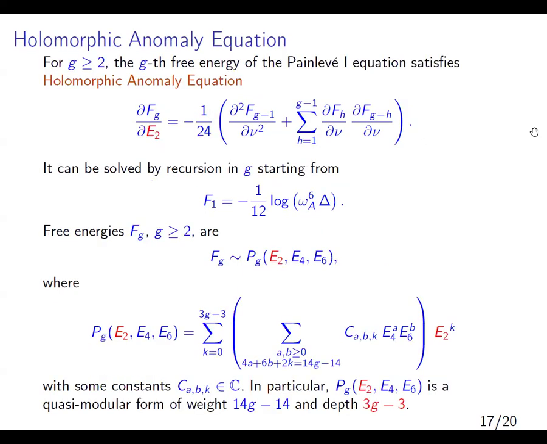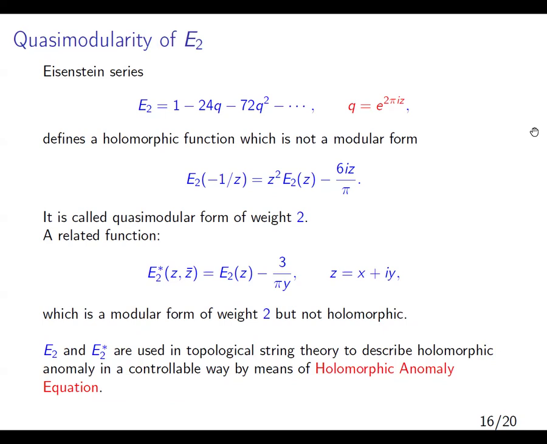It means that we have some non-analyticity, so dependence not on z, but only on the imaginary part of z. In some way, we can control all this anomaly in holomorphic properties using this function.